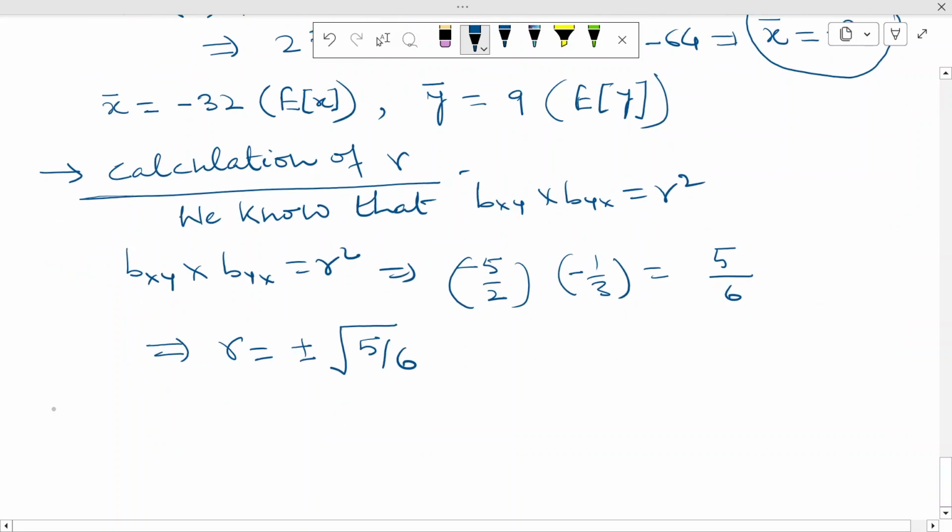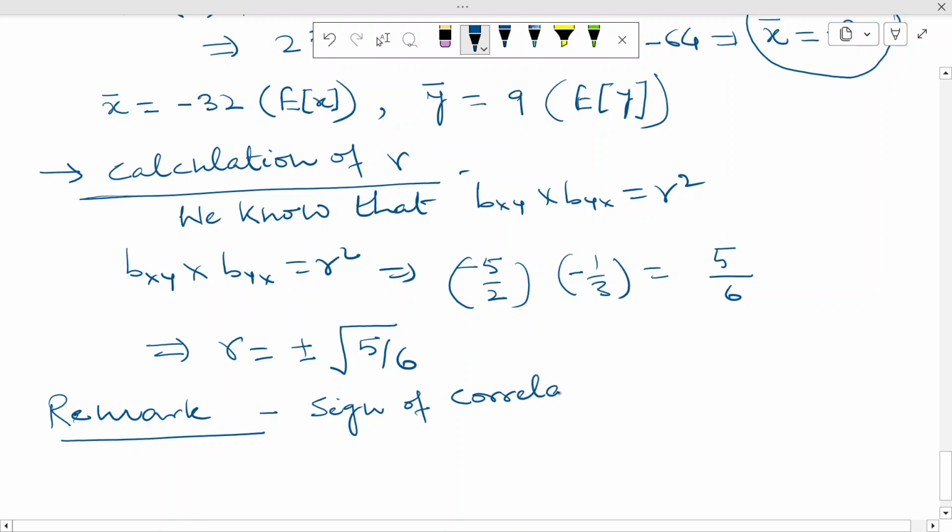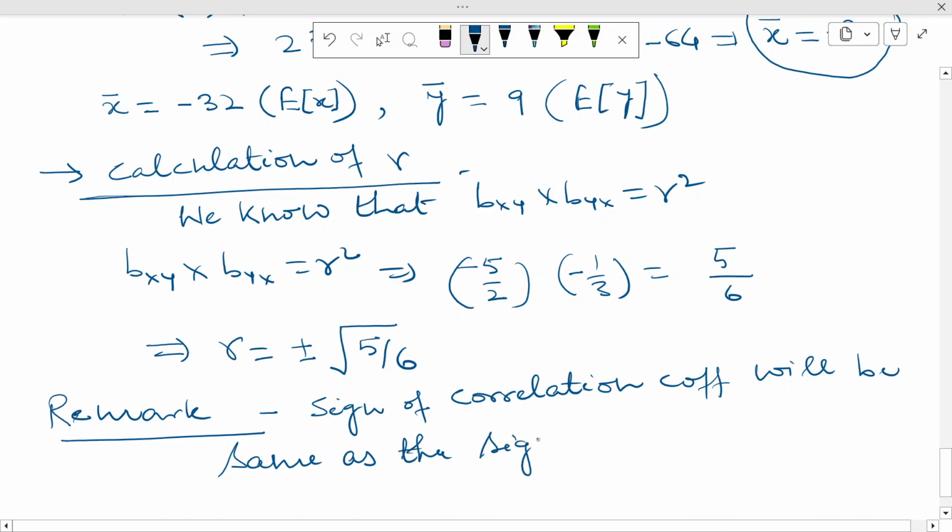Now here we have a remark. We have two values of r, one positive and the second negative. The remark is that the sign of the correlation coefficient will be the same as the sign of the regression coefficients.